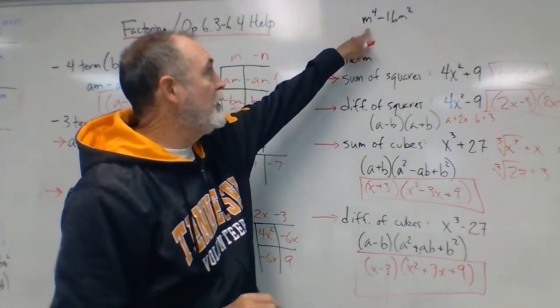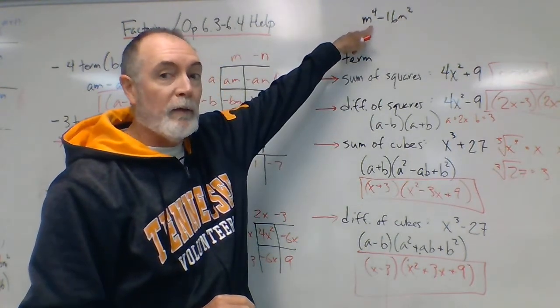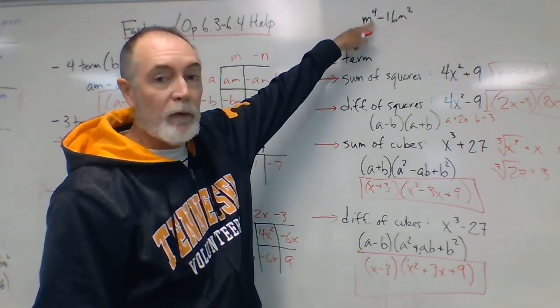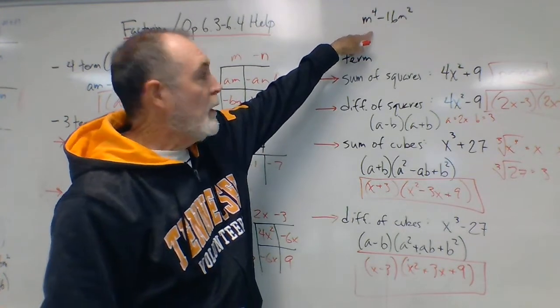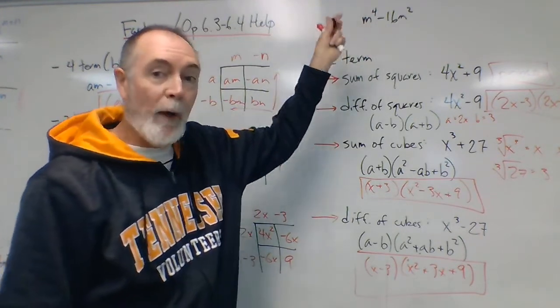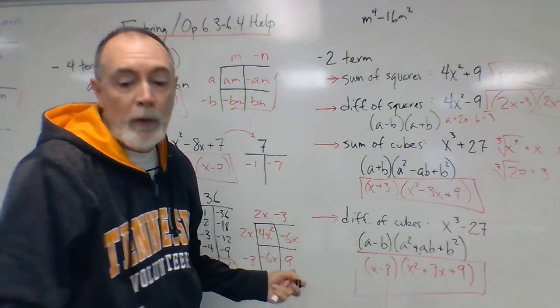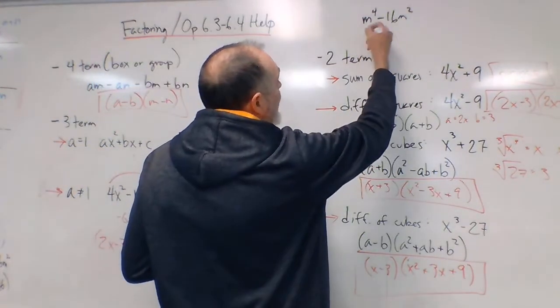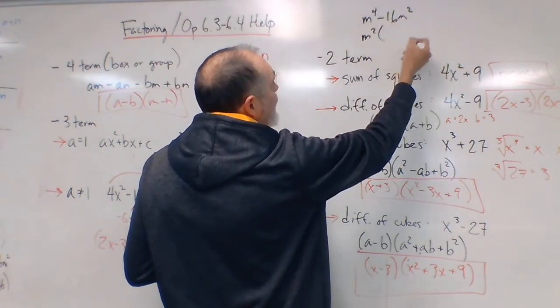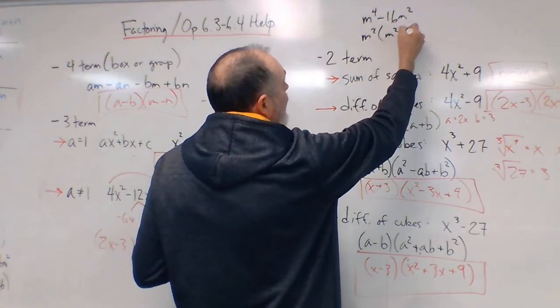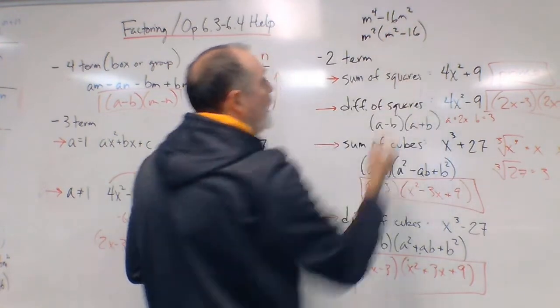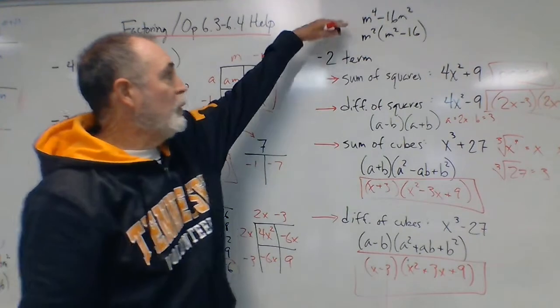And the telltale sign is if I have something that's bigger than, well, even if it's cubed, I would look for that first. All right, well, I could take an m squared out of both of these, and I need to do it because otherwise I can't really deal with it. So if I took m squared out of this, then I'd have m squared minus 16.